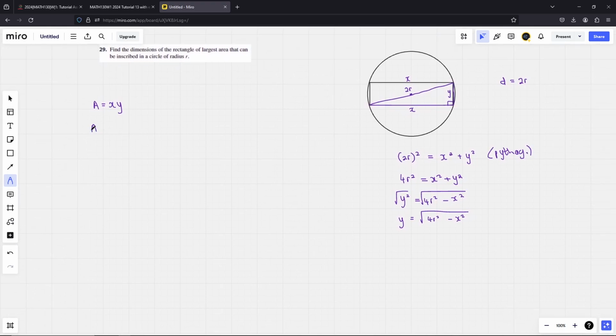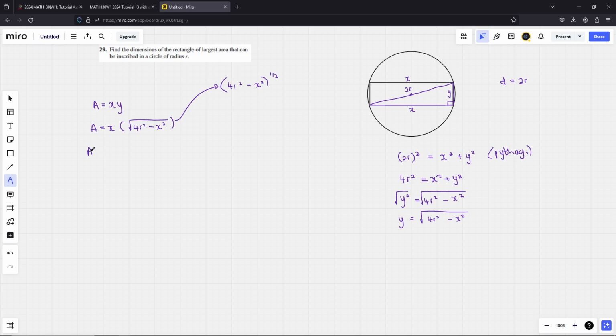Now let's sub that in, so our area is now equal to x multiplied by the root of 4r squared minus x squared. Now notice that we can write this as 4r squared minus x squared to the power 1/2, because of the power of a root.